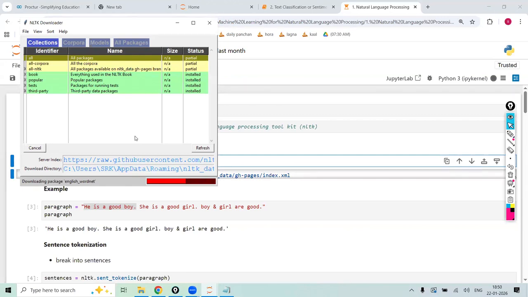Earlier I had selected singular. Maybe while selecting this, it has. Now I'm getting the same problem.